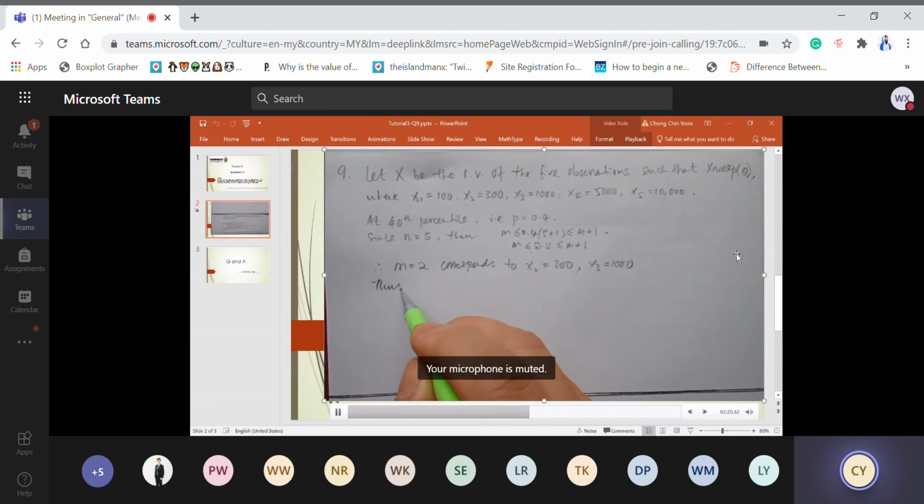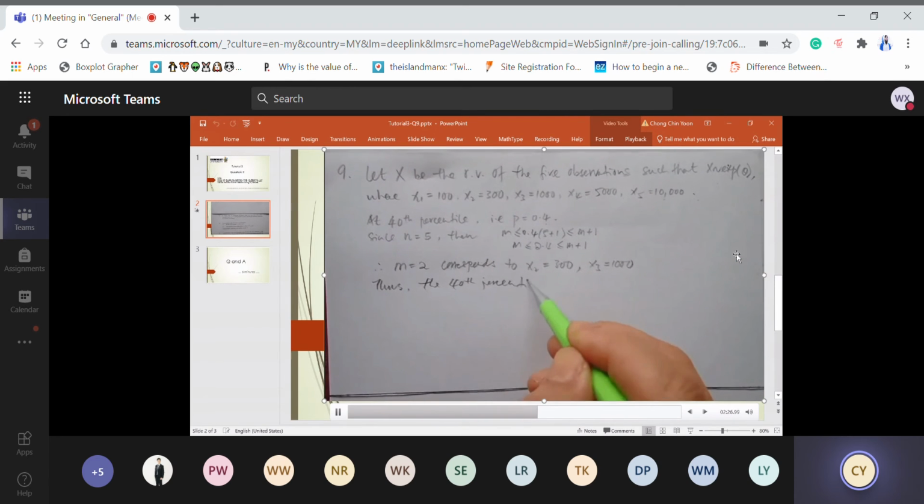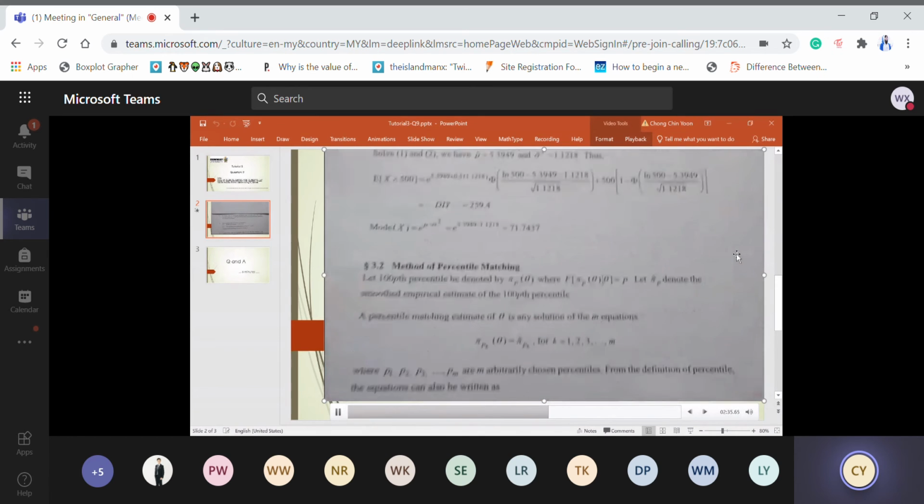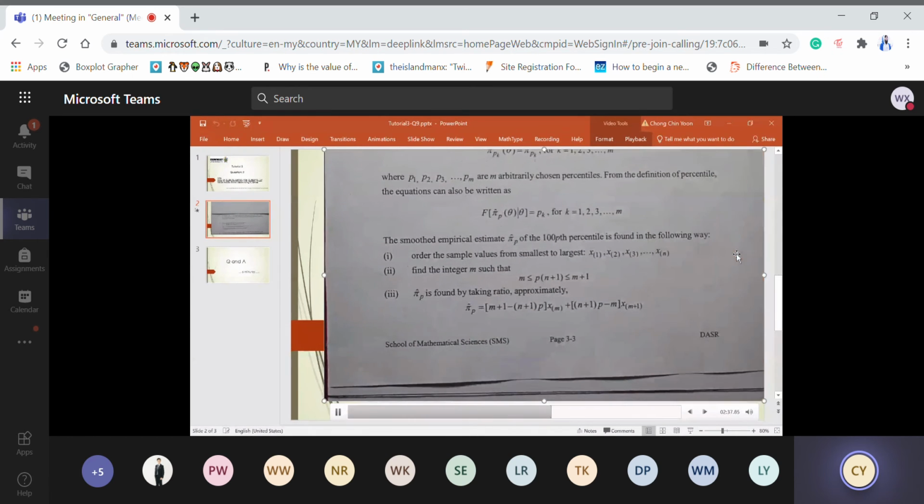Thus, the 40th percentile, which is given by the estimate of pi 0.4, is equal to this formula.